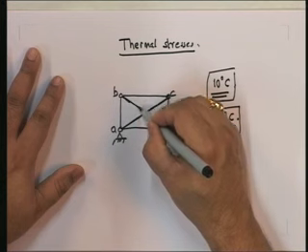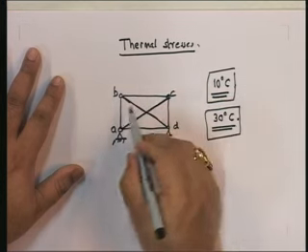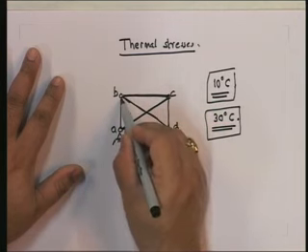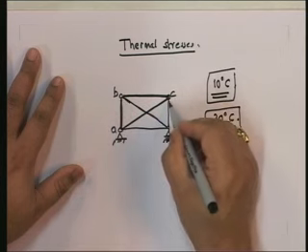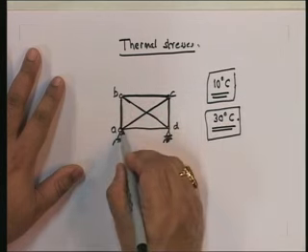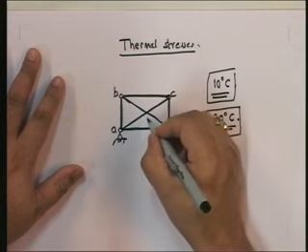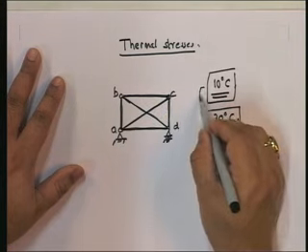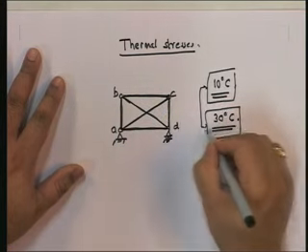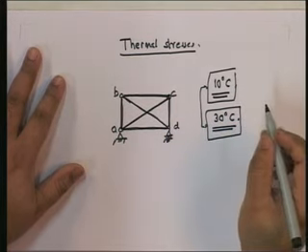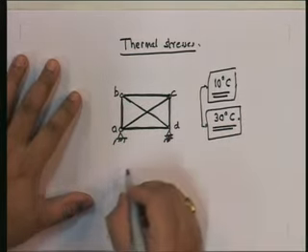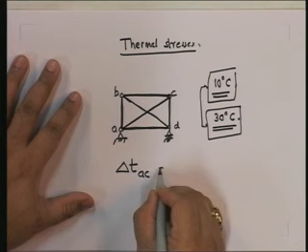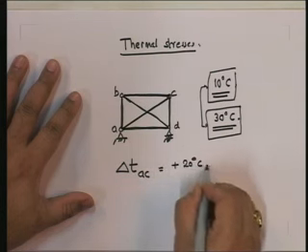What does thermally insulated mean? That no temperature change has any effect on the member. Member BC is also thermally insulated. Member AB is thermally insulated. Member CD is thermally insulated. Member AD is thermally insulated. Unfortunately, member AC is not thermally insulated and it is seeing this additional 20 degrees change. That means that the delta T for member AC is plus 20 degrees.